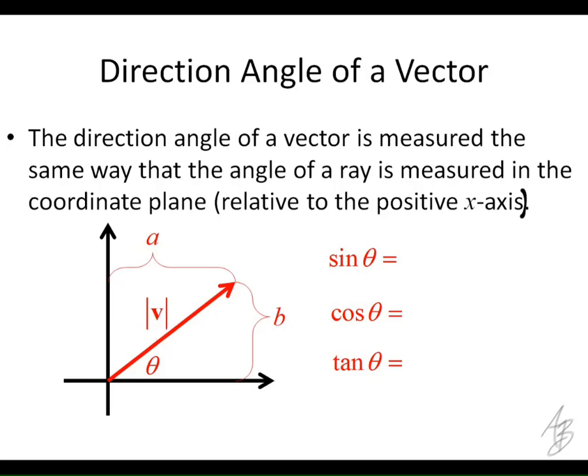Sine of theta is going to be B over what? The magnitude of V, right? And notice also that the vector V is written with what kind of font? It's bold, right? V stands for vector, not variable, but it's bold.